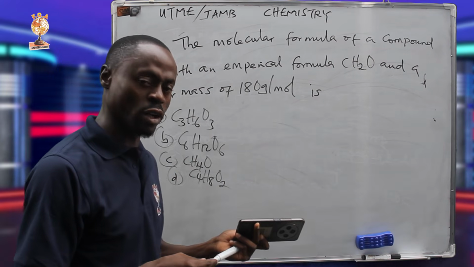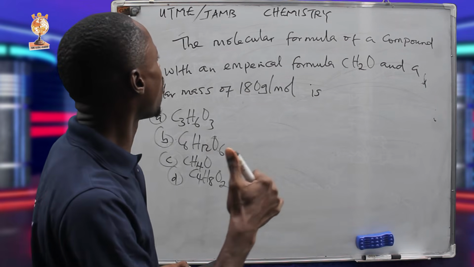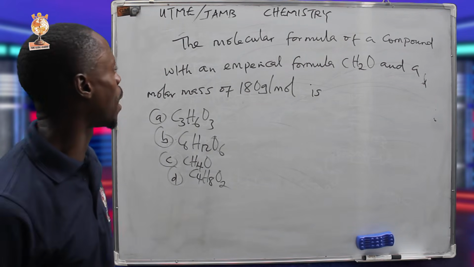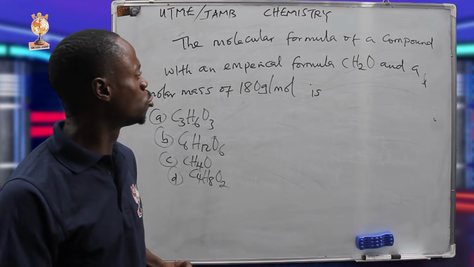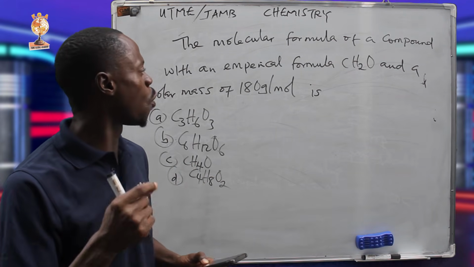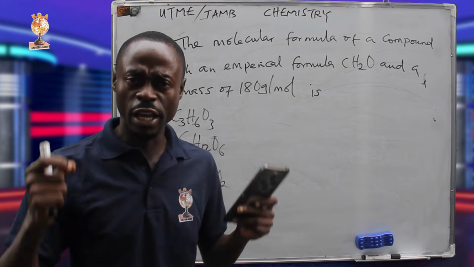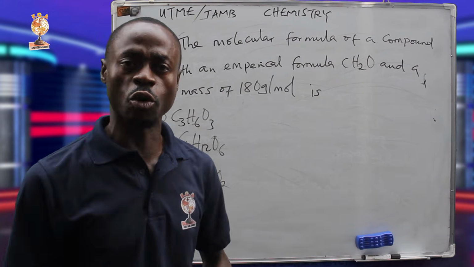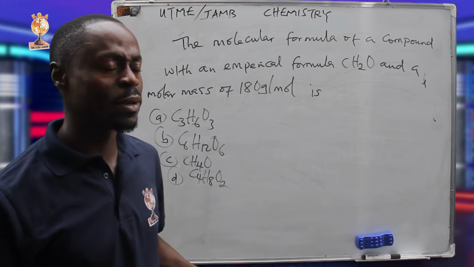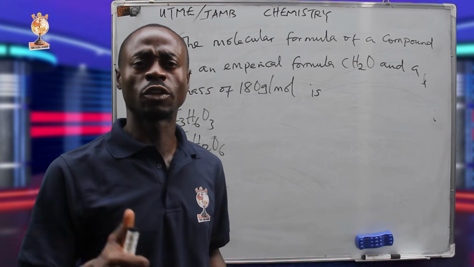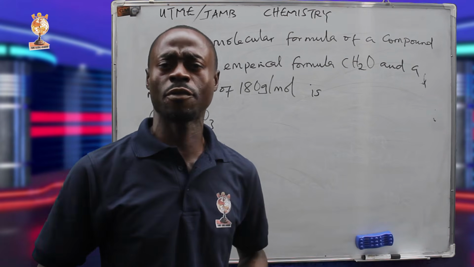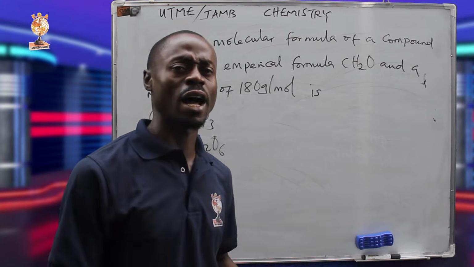We have a question on the board that says: the molecular formula of a compound with an empirical formula CH2O and a molar mass of 180 gram per mole is. Looking at this question critically, you will agree with me that it was extracted from the topic known as empirical formula and molecular formula.